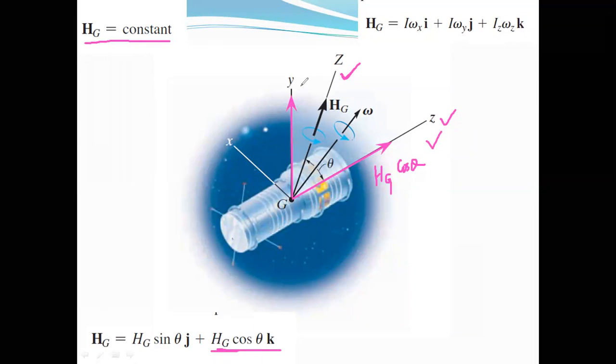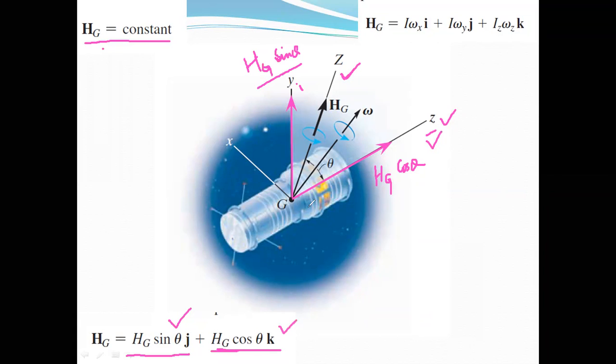And it has one more component, hg sine theta, along the y-axis, that is hg sine theta j cap, that is here. So this hg, which we are assuming to be about the capital Z axis, and the second assumption is that the capital Z axis subtends an angle theta with respect to the small z axis. Therefore this hg can be resolved along the small y and small z axes as hg sine theta j cap and hg cos theta k cap.